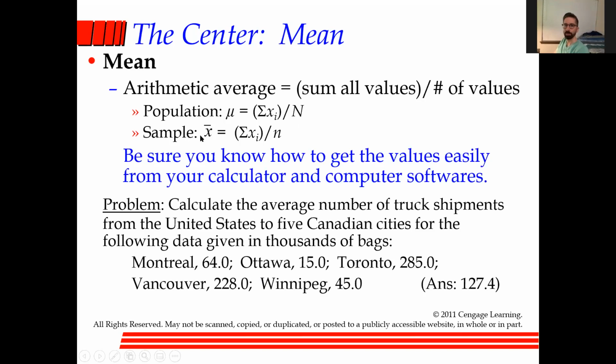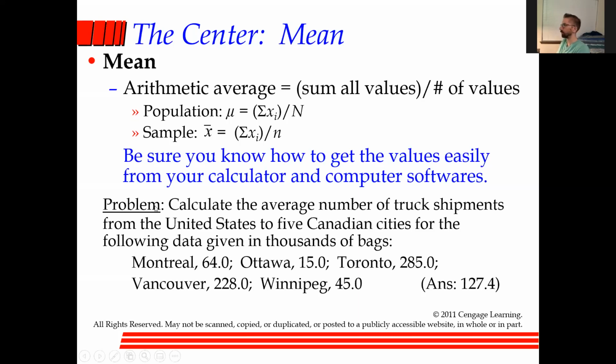Similar formula for the sample mean, X bar, is equal to the sum of, again, the values in a data set divided by small n, which is the number of values in the data set for the sample. We use small n for a sample count, and we use big N for the population count. All right, does that make sense? Okay.